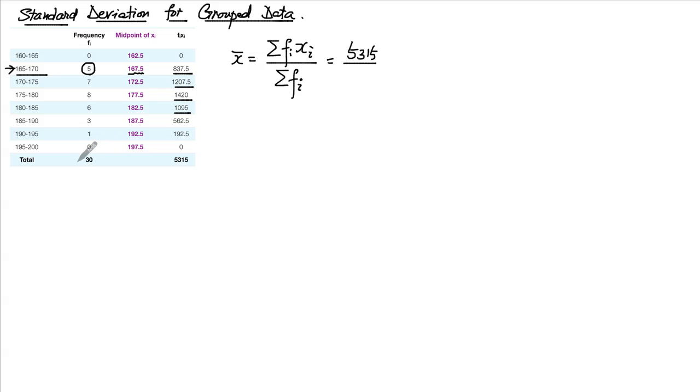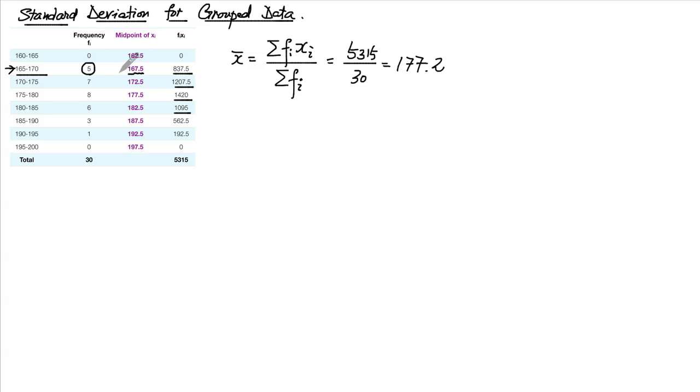The total frequency, or the total number of males sampled, is equal to 30. And we had seen that this was equal to 177.2.